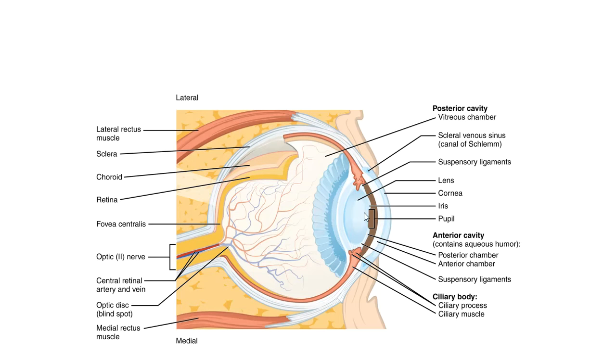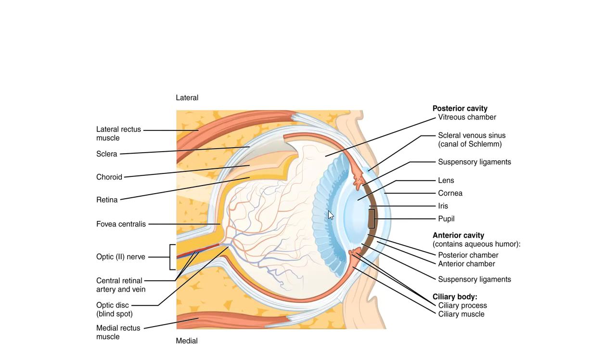And so, like I said, your lens can change shape over time, and that's why some people tend to need glasses as they get older, because depending on how the lens is shaped and how it reflects light, that can affect how you see, right? So you may go to the eye doctor and get some contacts that help adjust for the way your lens is in your eye, in each eye.